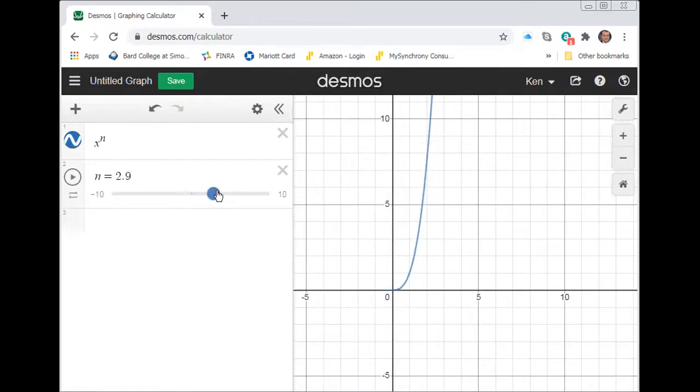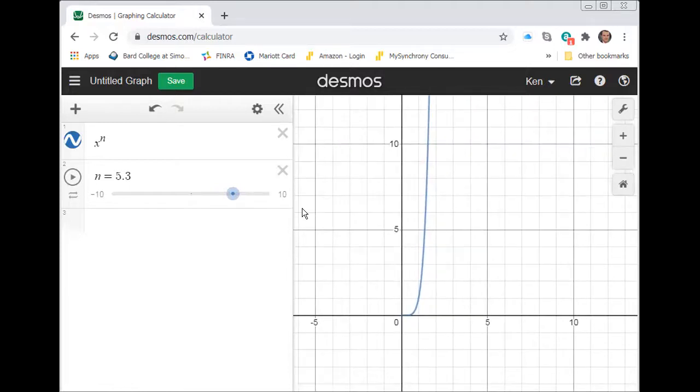In fact, n doesn't even need to be a whole number. But as n gets bigger, the graph switches. You can see it switching from even to odd, depending on whether n is even or odd. But as n gets bigger, this graph goes to infinity faster and faster.